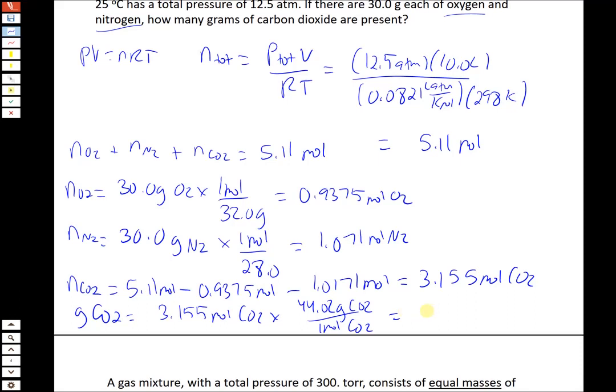And so what I got was, I didn't know how many decimal places it wanted, but I got 139.0, so we should probably do 3 significant figures, 139 grams of CO2 should be fine. Alright, and so that's what I got for grams of CO2 after we subtract out nitrogen and oxygen multiplied by molar mass. So let's double check if that's right.